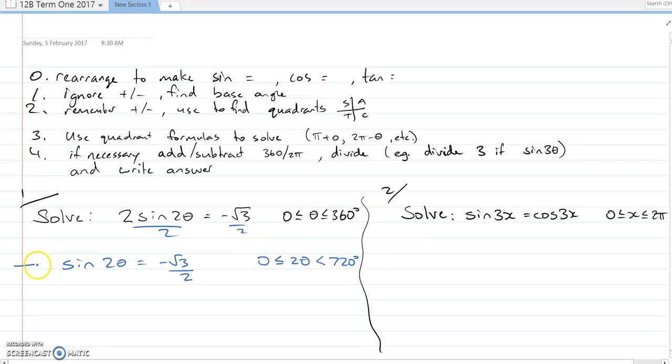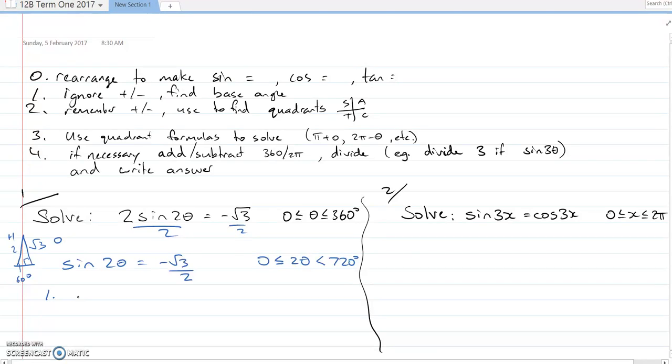Alright, so finding our base angle, we've got a special triangle, 2, square root 3. Sine is opposite over hypotenuse, so the square root 3 is opposite to this angle, which in degrees is 60 degrees.